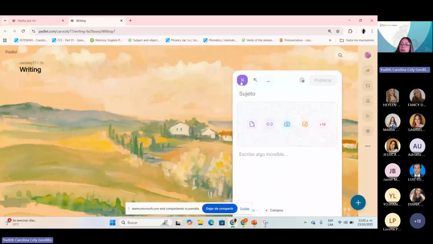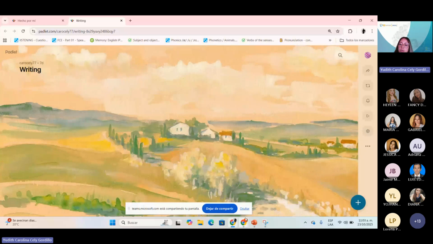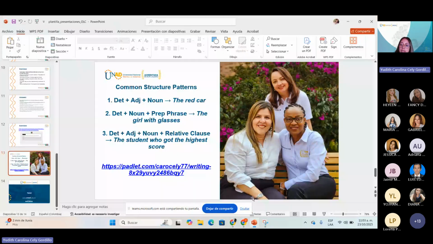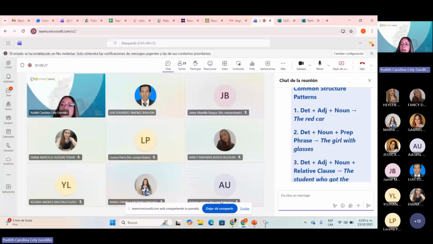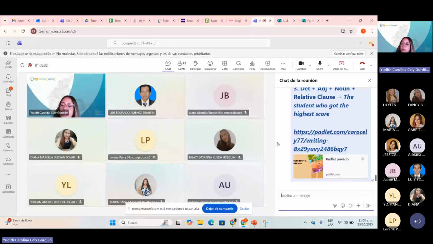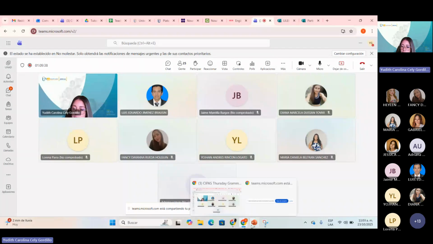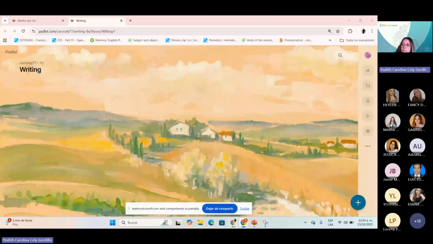Okay, students, we are going to give some minutes so you can organize your ideas and send all those statements to the Padlet. If you have any problem with the Padlet, you are going to tell me, okay? Go ahead, students. Okay, I see that people are writing. That's perfect. Go ahead.